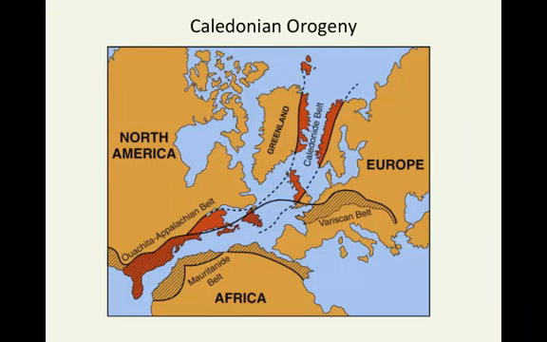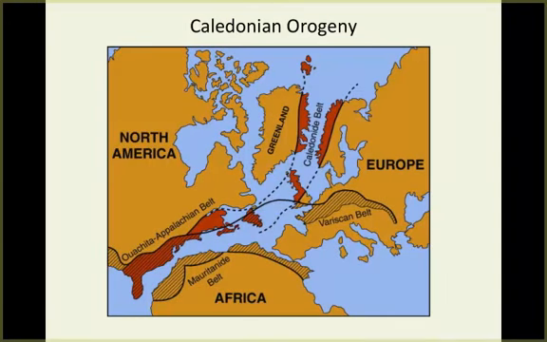And those are all part of this Caledonian orogeny. When Pangaea was assembled, there's this large orogenic belt that basically stitched together North America, Greenland, to Europe and Africa, and created mountain belts, parts of which are now on different continents.